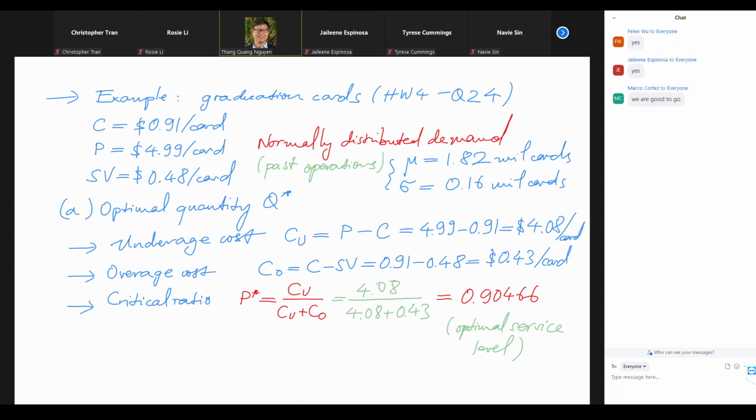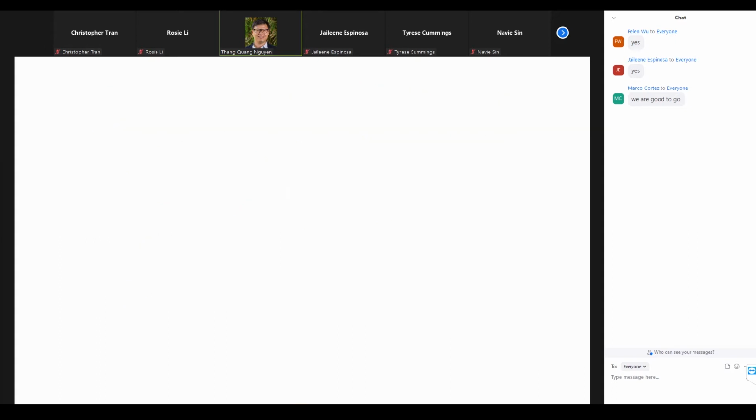With that, now we are ready to calculate the optimal quantity that we need to find. All right, so next we need to find the optimal quantity, or Q star. This is a property of the normal distribution.